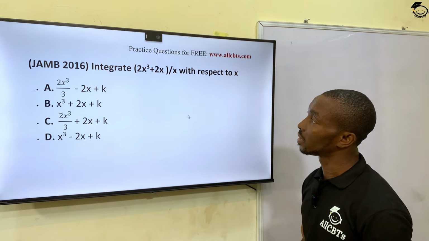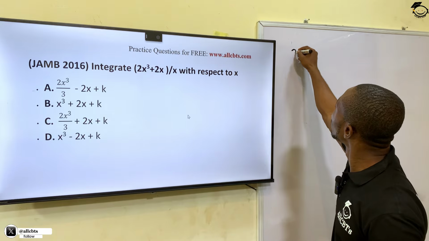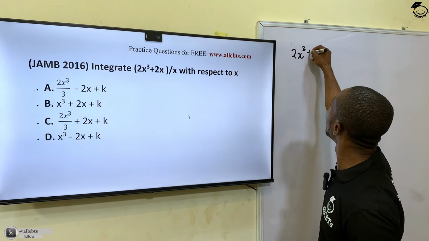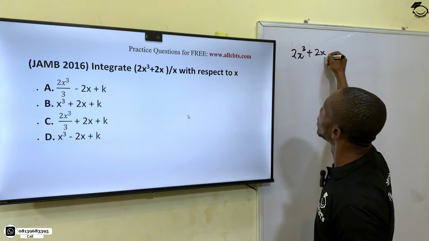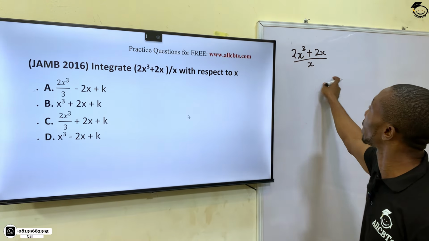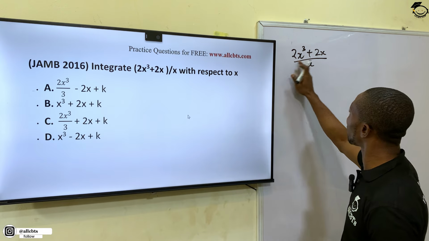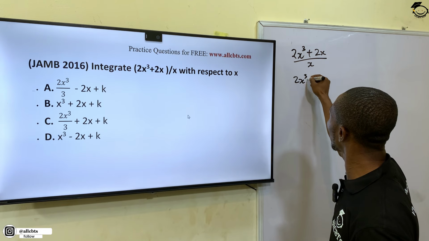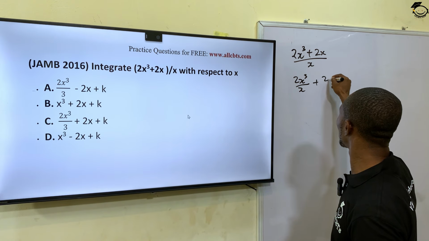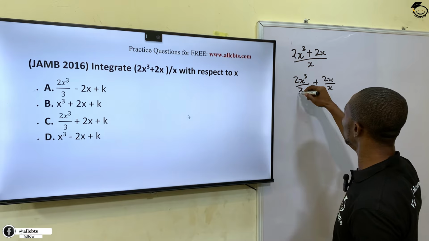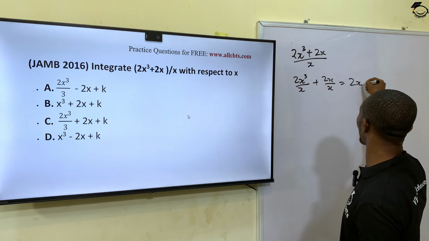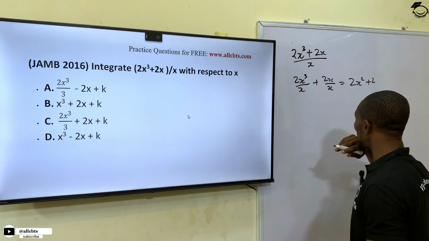From 2016, it says integrate 2x cubed plus 2x divided by x with respect to x. Now from here we can separate this to be 2x raised to power 3 over x plus 2x over x. So this leaves us with 2x squared plus 2.